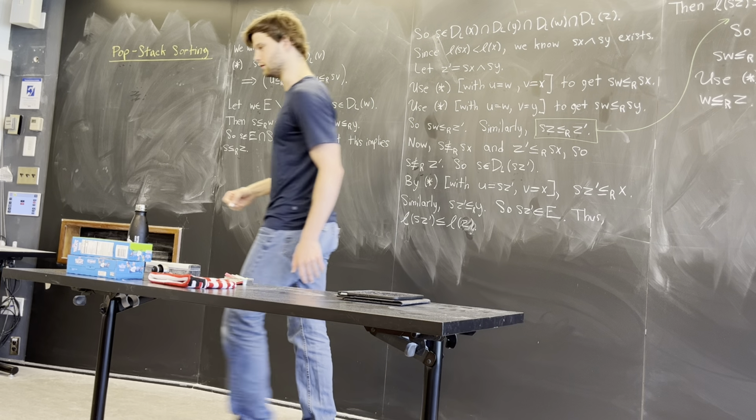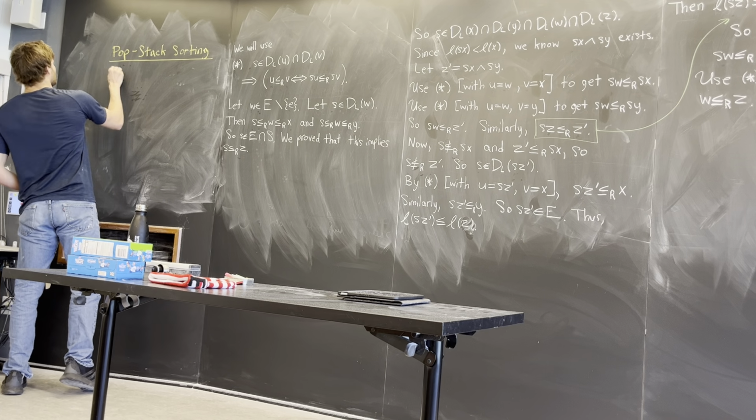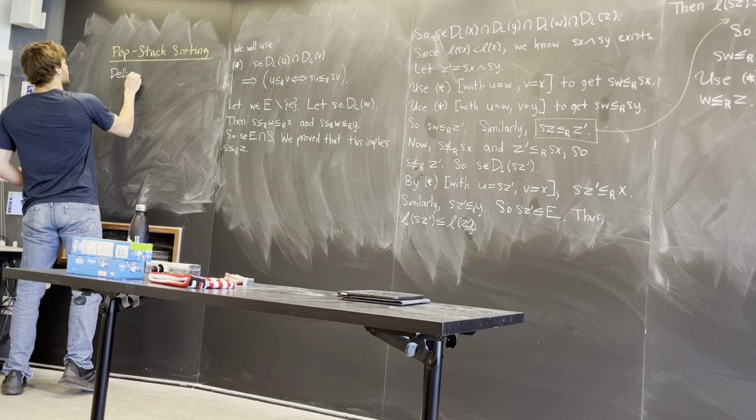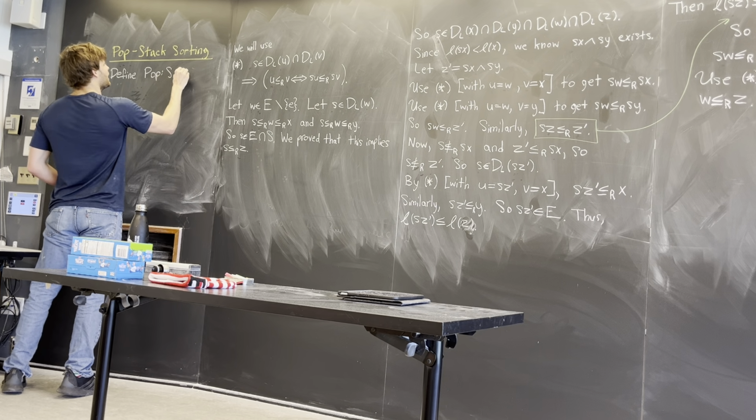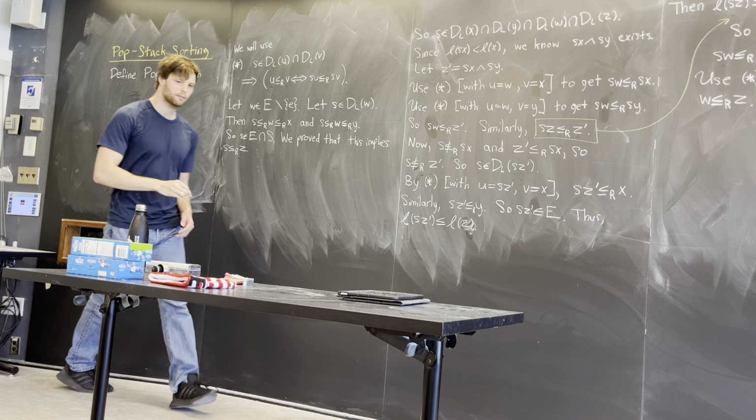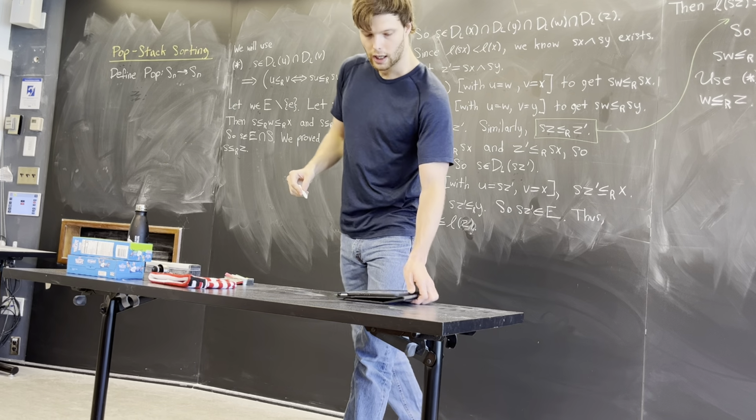Okay, so I'm going to define a function Pop, which will go from Sn to Sn, by sending a permutation greedily through something called a pop stack.